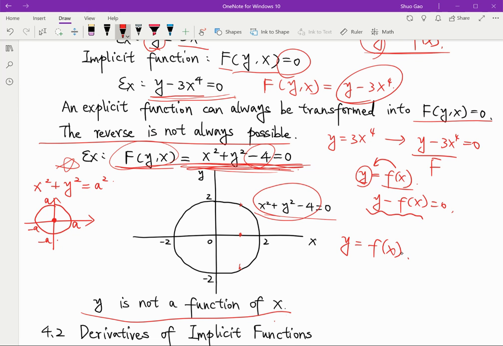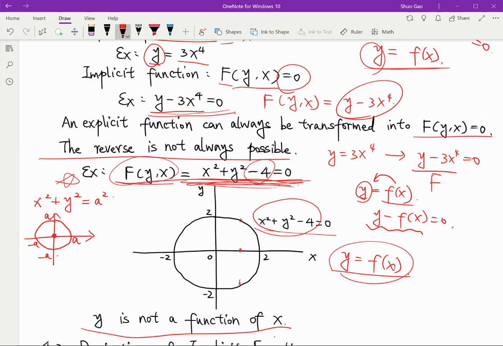But even if there's no explicit form, remember that this is called the explicit form of a function. It's not explicit form, but it can have an implicit function like this. The implicit function is just an expression, but y doesn't have to be a function of x.